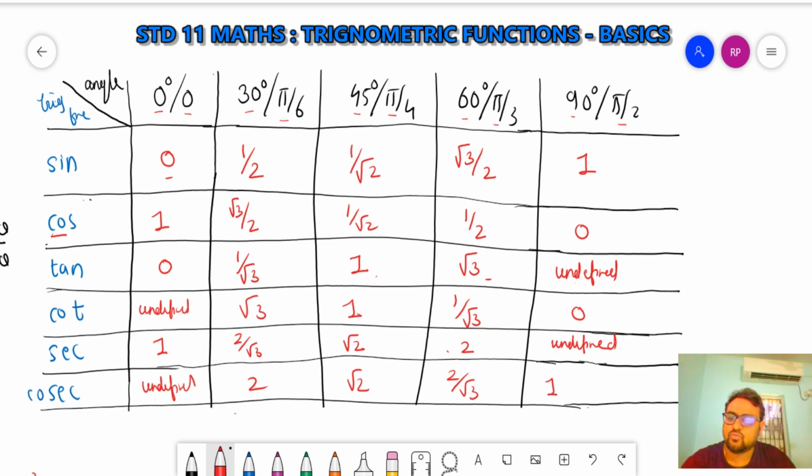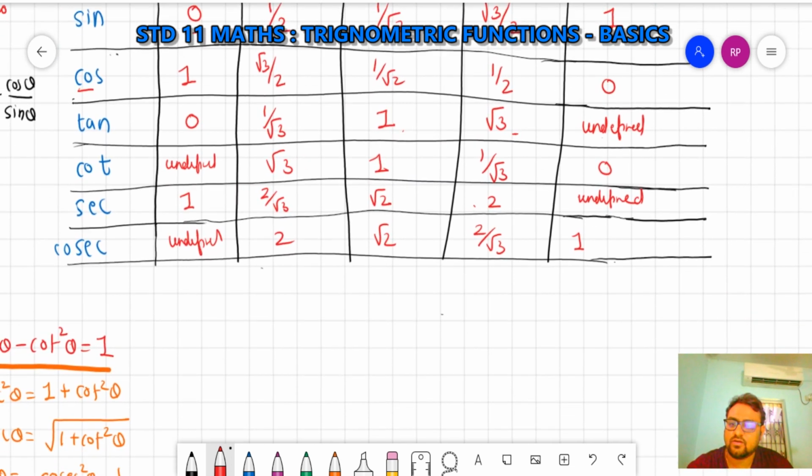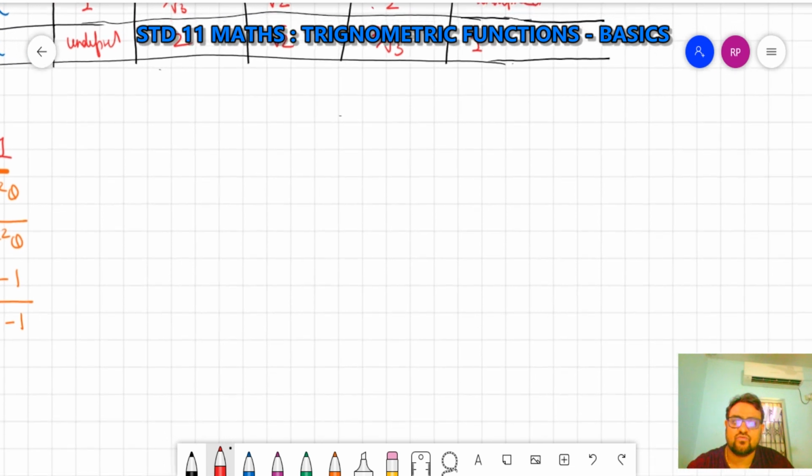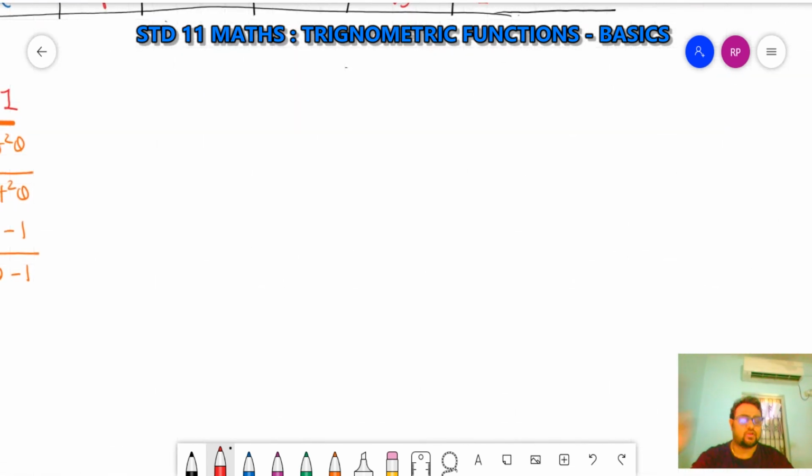Okay, now let's move ahead. We have already discussed that sine and cosine are complementary of each other. So when you give a 90-degree shift, sine will be converted to cos, tan will be converted to cot, and sec will be converted to cosec.